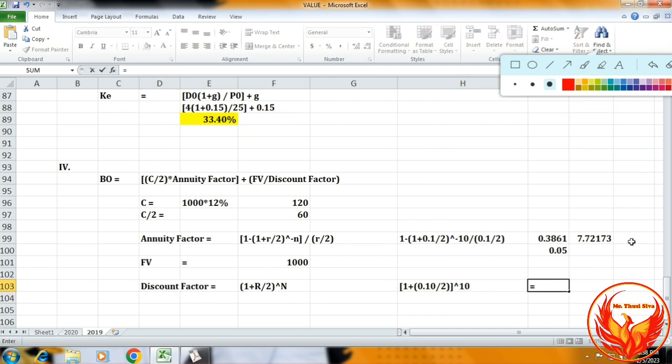So the answer is 1.05 to the power 10, which is 1.6289.